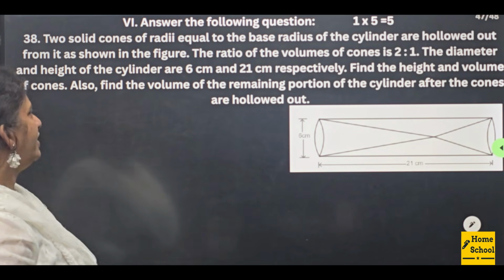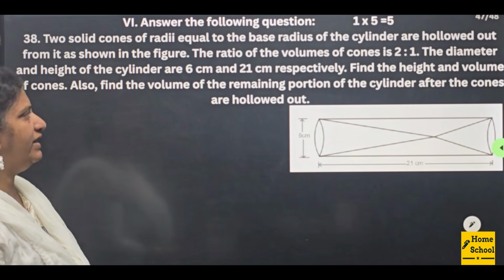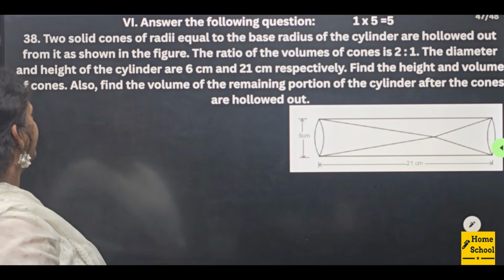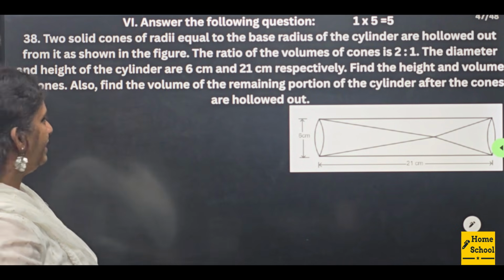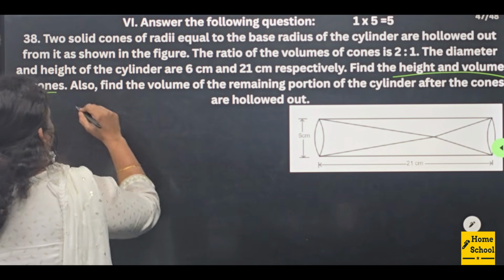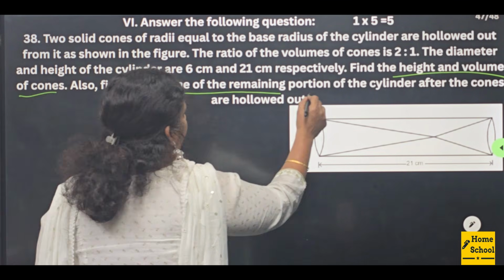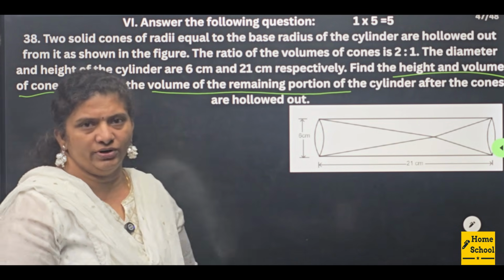The diameter and height of the cylinder are 6 centimeters and 21 centimeters respectively. Find the heights and volumes of the cones, and also find the volume of the remaining portion of the cylinder after the cones are hollowed out.